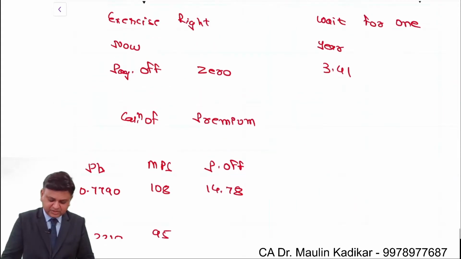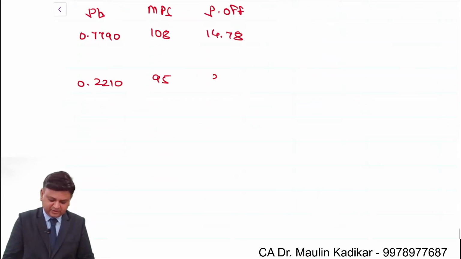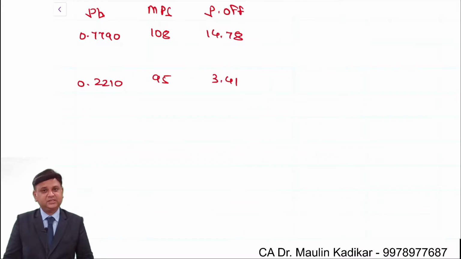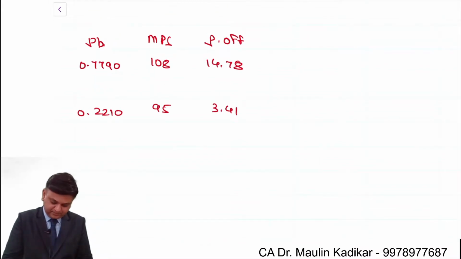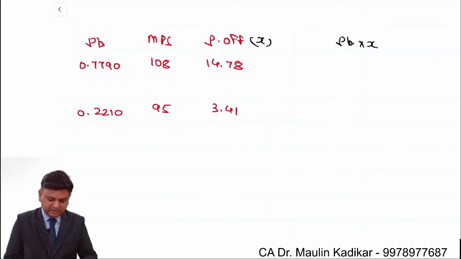If the price falls down, the payoff value is 3.41. Probability into payoff and the expected value will be found. This is the x variable. Probability into x: 14.78 into 0.779, so it is 11.51.